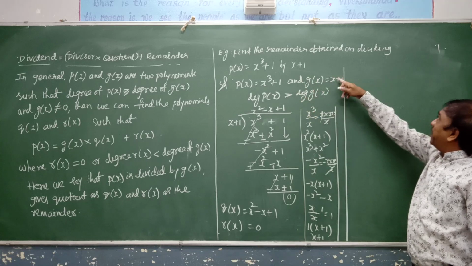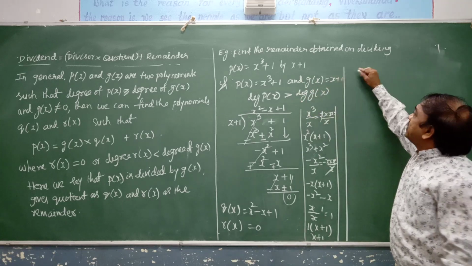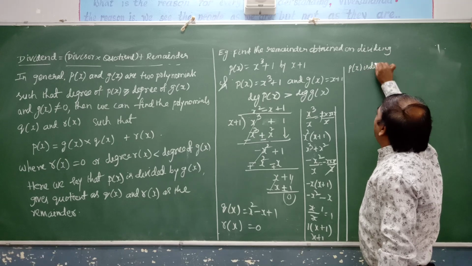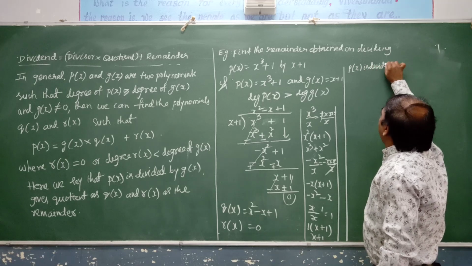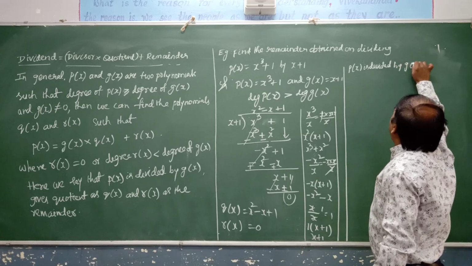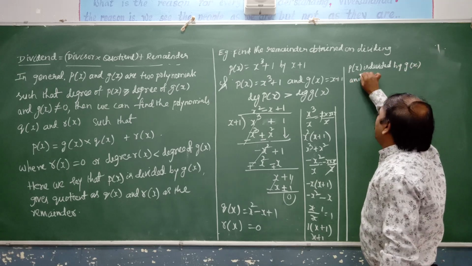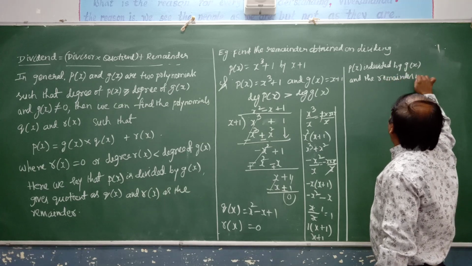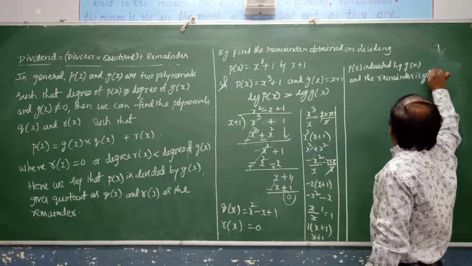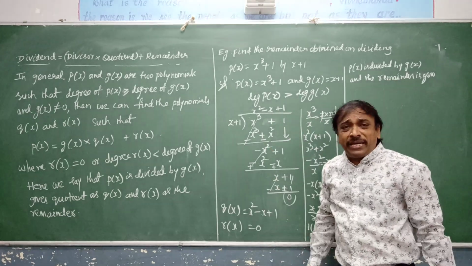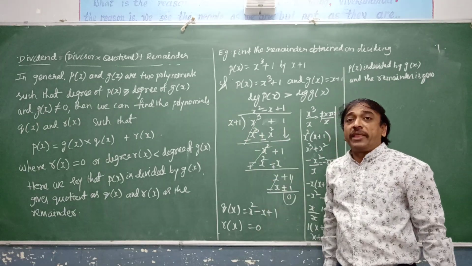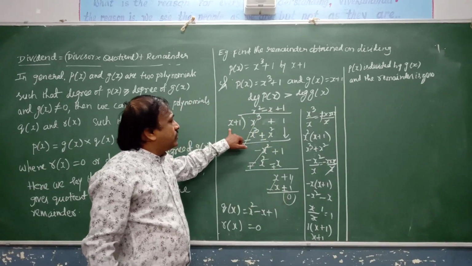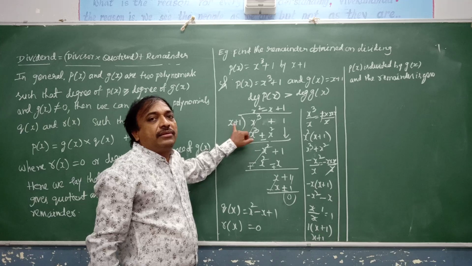We are explaining that p of x is divided by g of x and the remainder is 0. The remainder is 0.